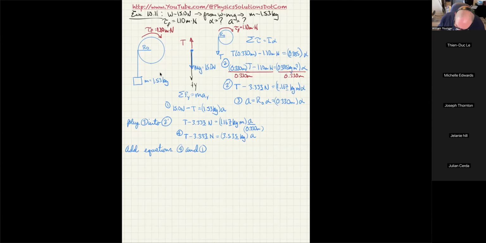When I do add them, I get 15.0 newtons minus T plus T minus 3.333 newtons is equal to, now I have a common to both of them, so I'm adding 1.53 plus 3.535.